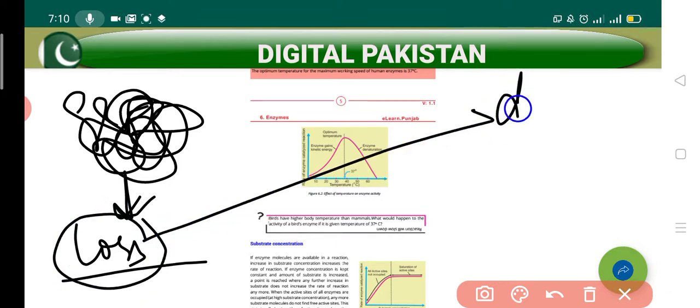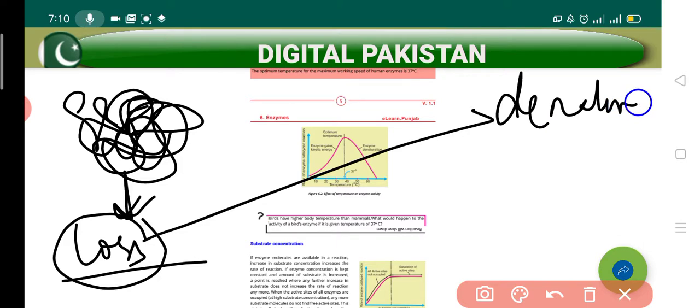Obviously, students, when the enzyme is going to lose its structure due to the high heat energy, the molecules are going to strike due to the vibration, so the globular structure of the protein is lost, and this is known as denaturation.